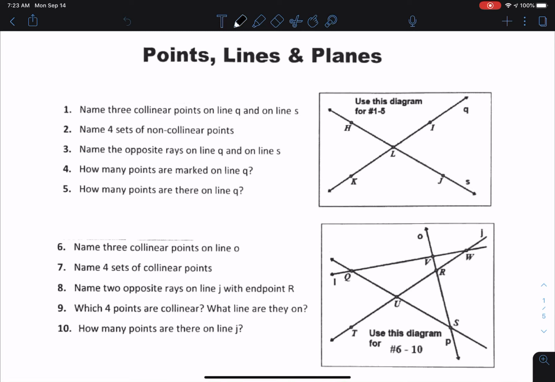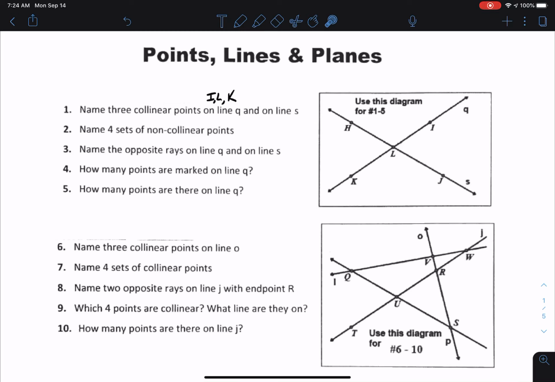So for number 1, you could say for line Q would be I, L, K. And then for line S, this line right here, line S, actually has 3 dots on it as well. They're all in a straight line.